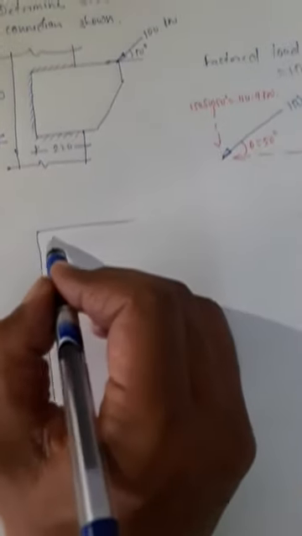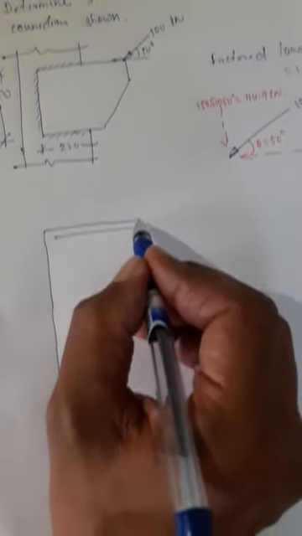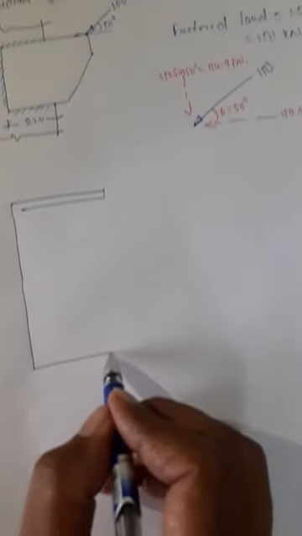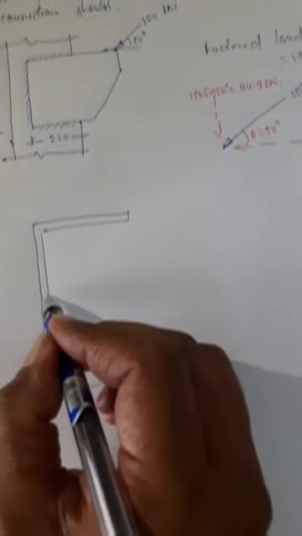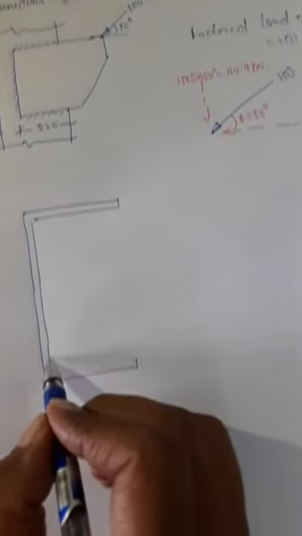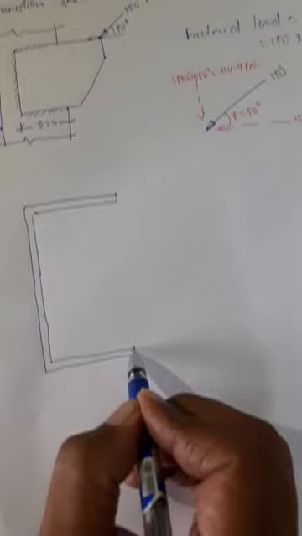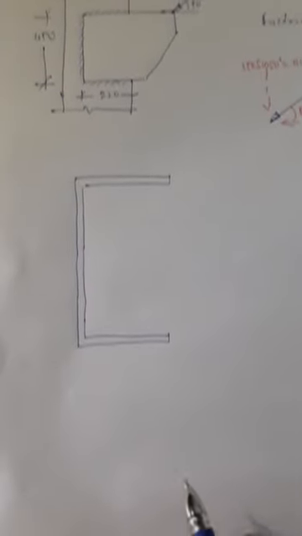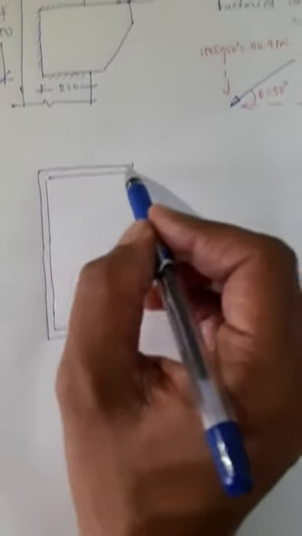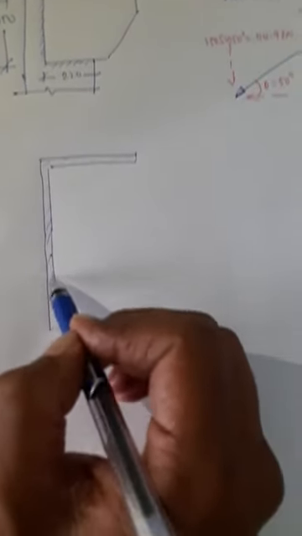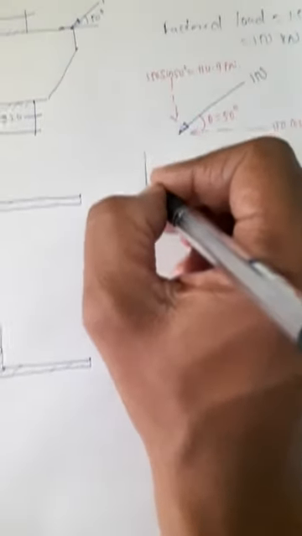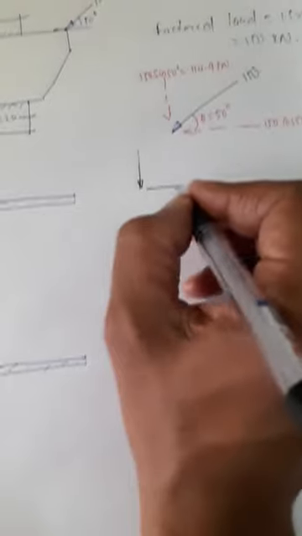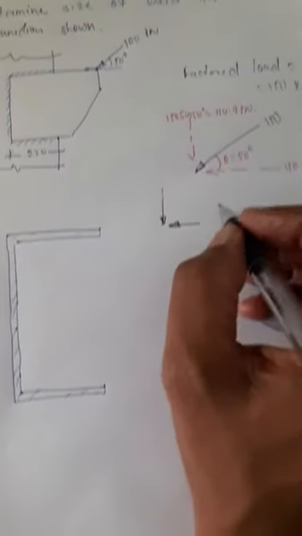This will be an enlarged picture. Say this is the weld portion. The load acting: I am going to substitute only the horizontal and vertical loads.